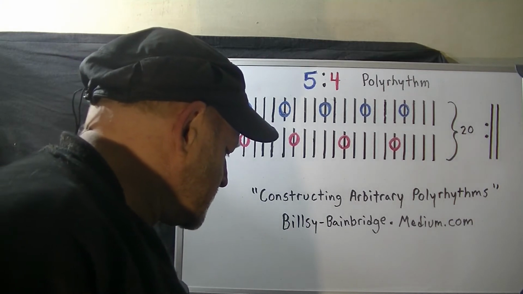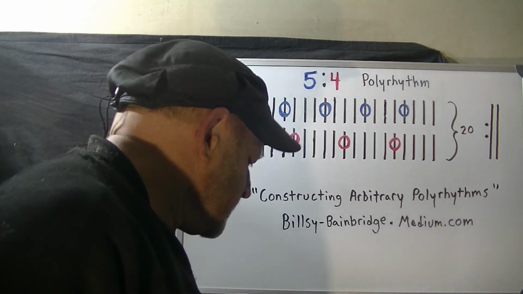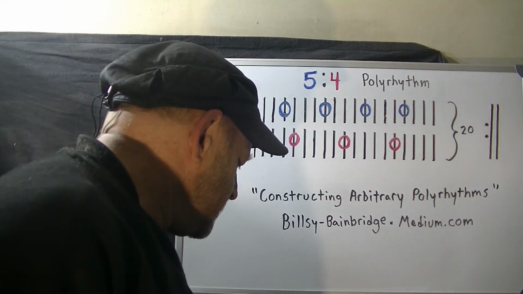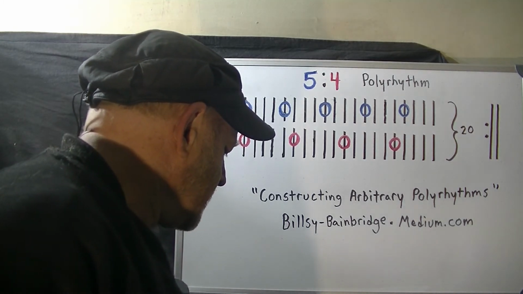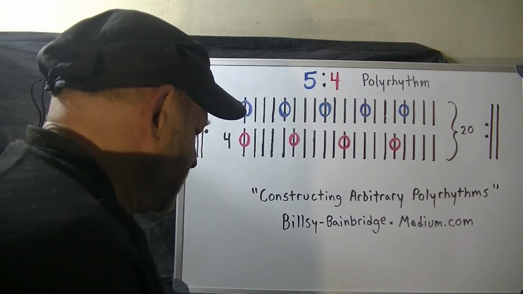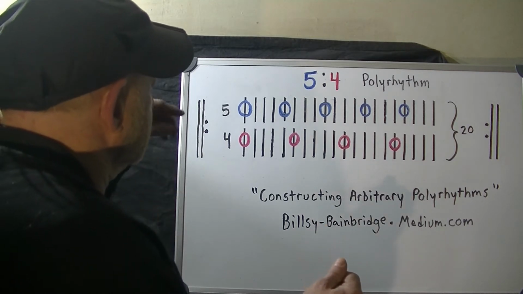Let's go through a couple of properties. Let me turn on my metronome, and hopefully you can hear that. Right now I've just got it set to 88 beats a minute.